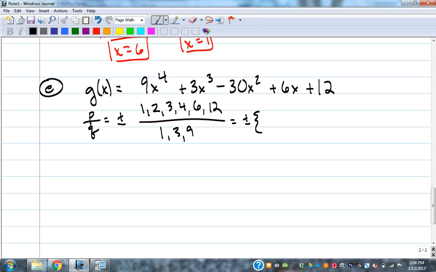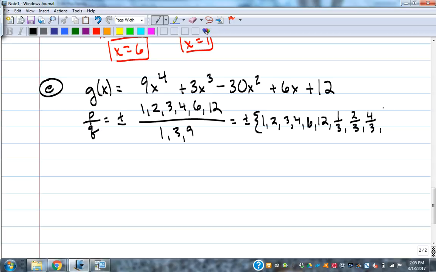So you got 1, 2, 3, 4, and 6, and 12. And then 1/3, 2/3, 4/3. 6 over 3 is 2. I've already got that. 12 over 3 is 4. I've already got that.